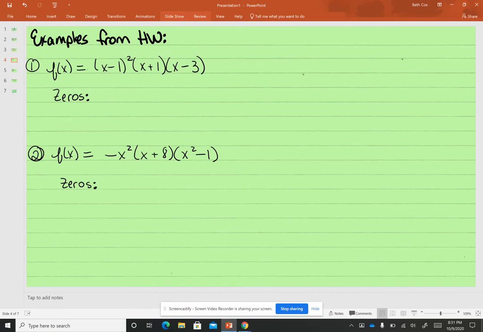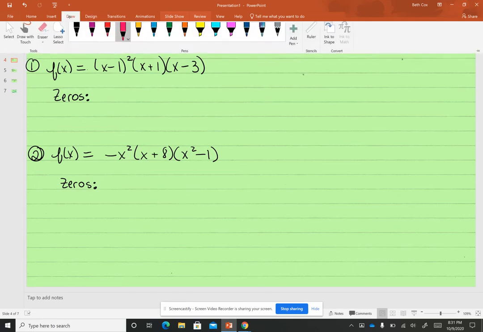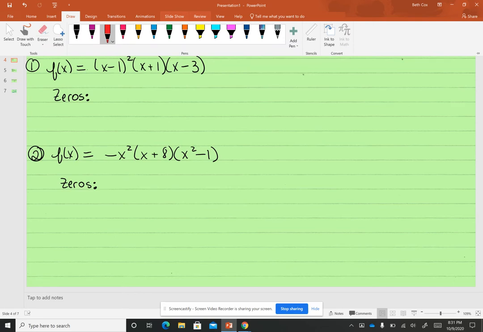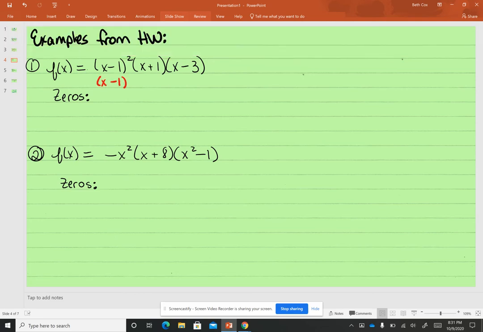Okay, so this first one, we're going to look at the zeros. So we have the factors, and each one of our factors represents a 0. We have x - 1, and that's raised to the second power. So that means x is equal to 1, but it's raised to the second power, so this one's going to have multiplicity of 2.